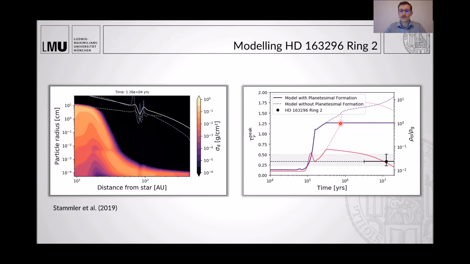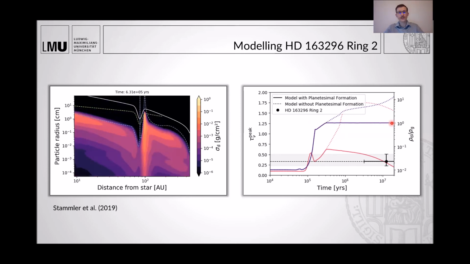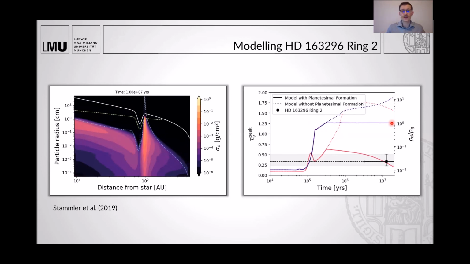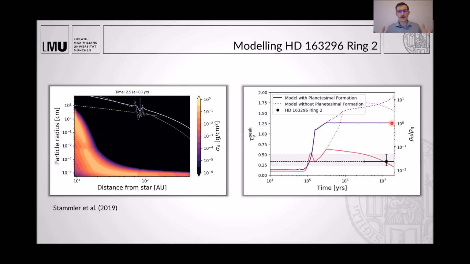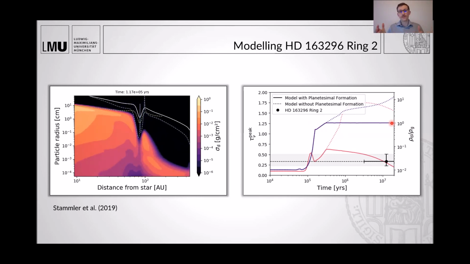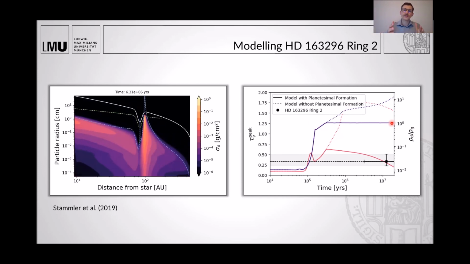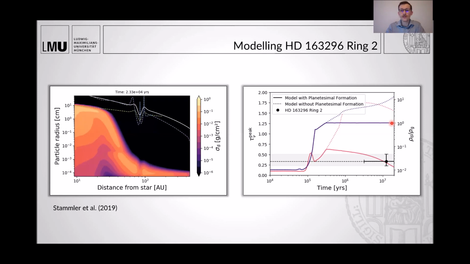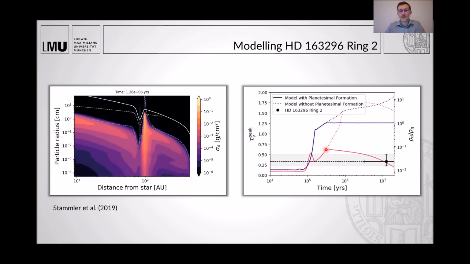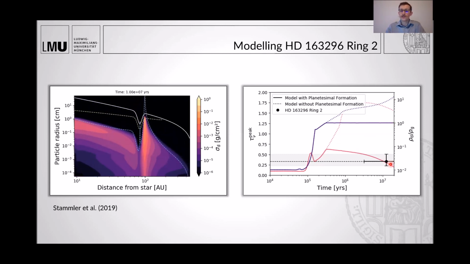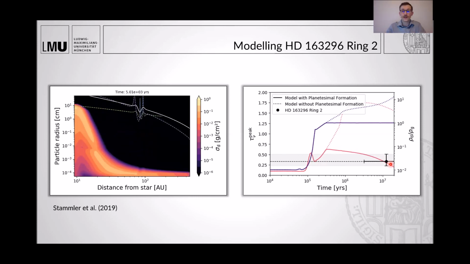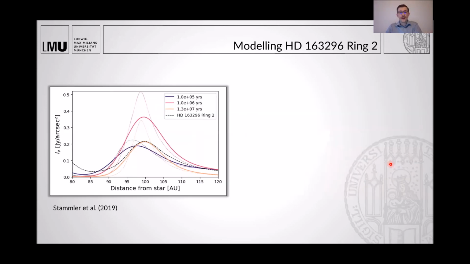And so this line stays constant because this is a self-regulating effect. If you remove dust particles, you basically stop planetesimal formation until you accumulate enough dust again, and then you start again. So it will stay at this value of 1. And this is also the point where the optical depth is not growing anymore because we just removed enough dust mass. And we also looked at the intensity profile, which is a good match.